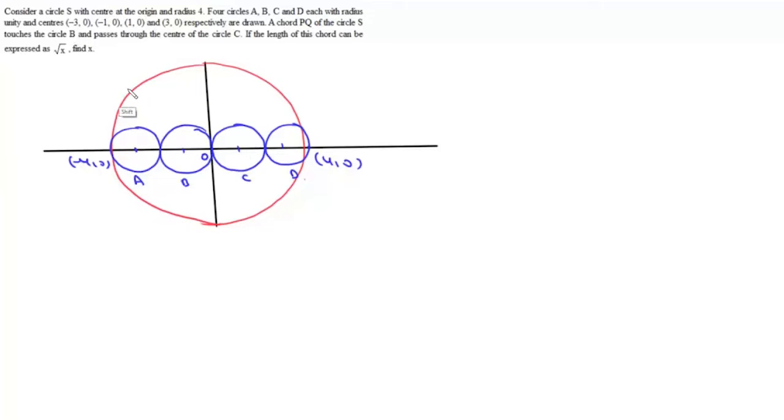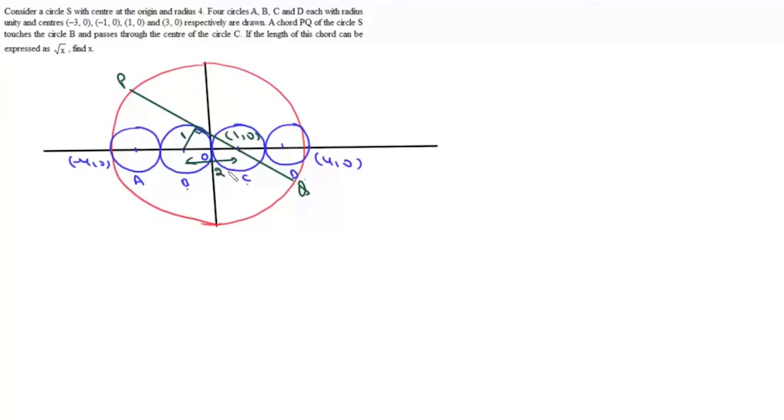So we have this chord PQ which touches this circle B and passes through the center of this circle C, and this center is 1, 0. We have to find the length of this chord PQ. Now we'll drop a perpendicular from the center. This is 90. The radius of this circle is 1 unit.